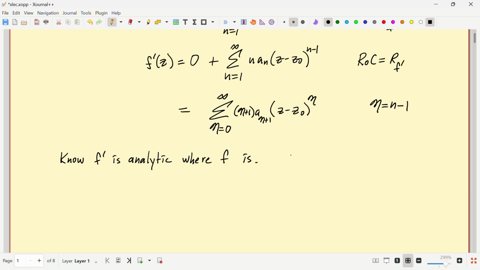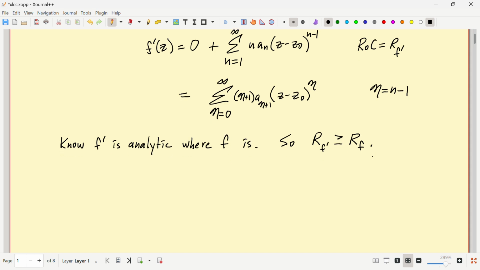And so that makes it very easy, since we know that the radius of convergence is bigger than or equal to the biggest radius where the thing is analytic. That fell out from the Cauchy integral formula. And so that makes it very easy to know that the radius of convergence of f prime is greater than or equal to the radius of convergence of f, of the power series.